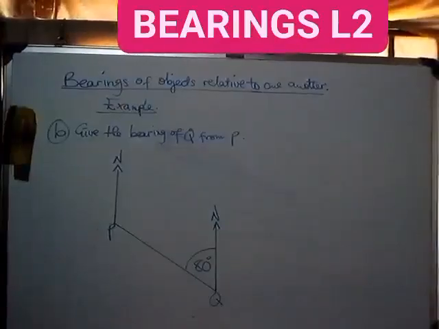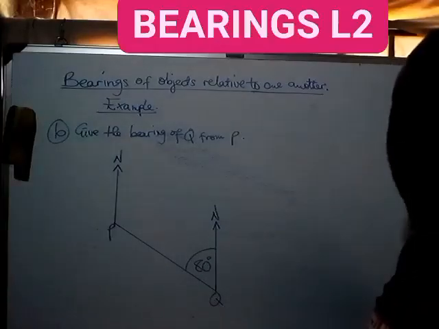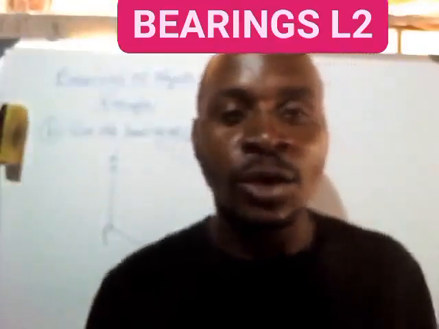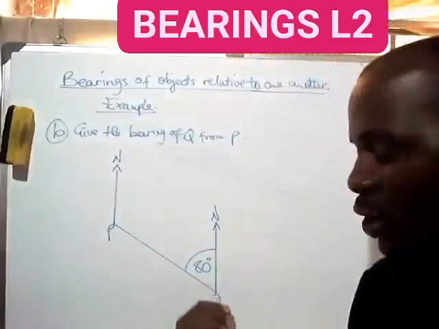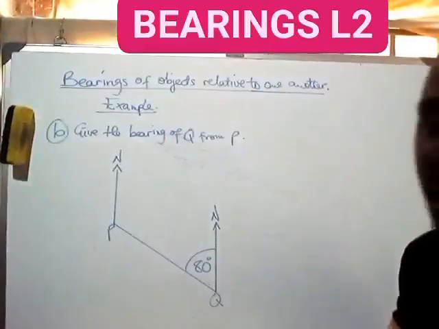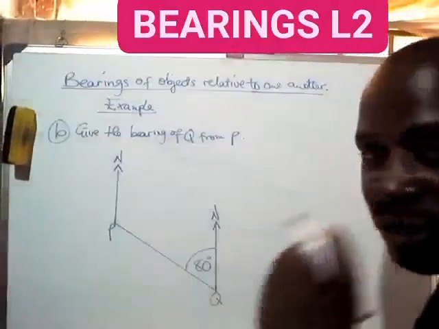The issue is the bearing of Q from P. So the "from" is where we are going to draw our north. Then we move in a clockwise direction from the same P. In this case, we are from P going to Q. So at P, we are going to draw the north, which is already there; if it was not there, we would have drawn it.